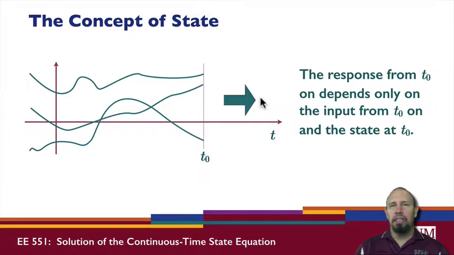It's not dependent on the input in the past. It's only dependent upon the state. The input has brought the system to a particular state. Once we have that state, it doesn't matter what the input was before then. Knowing that state is enough to tell us what's happening from that point on.